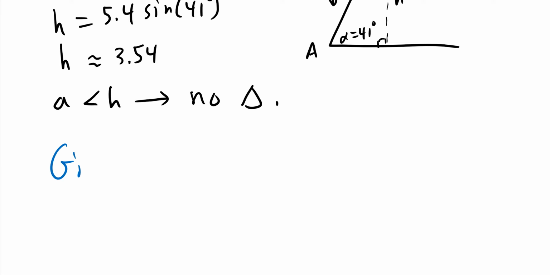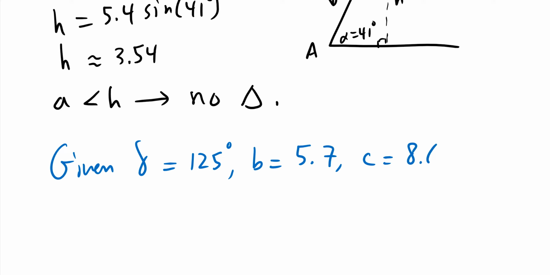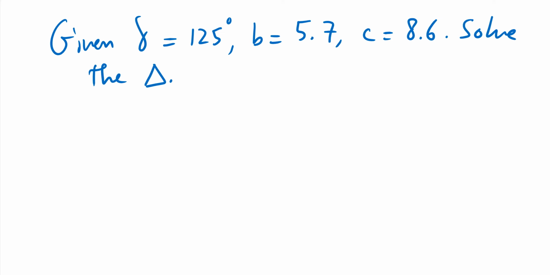Another example, given gamma equals 125 degrees, B is 5.7, C is 8.6. Solve the triangle. So how do we solve a triangle like this? How do I know it's SSA? Well, if you draw the triangle and label it, you can see they give us two sides and not the included angle.